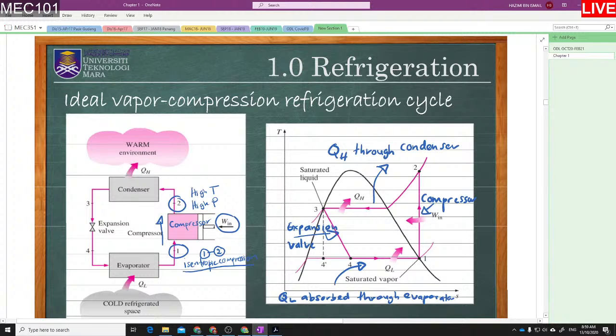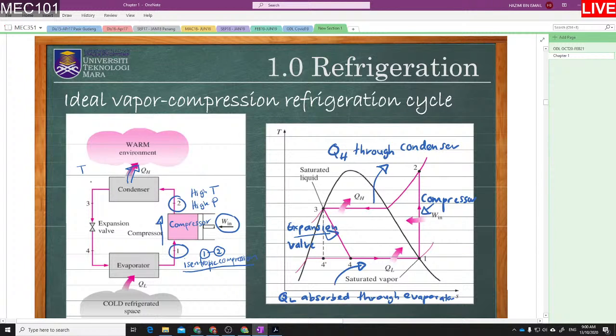You put it in the condenser, so the temperature will drop because heat is transferred to the surrounding, meaning outside your house.